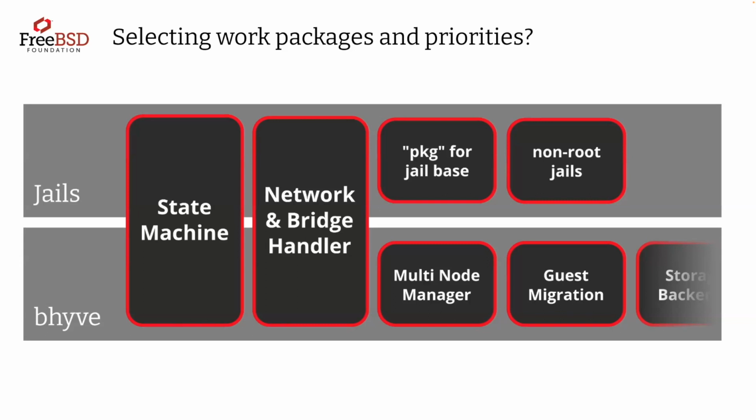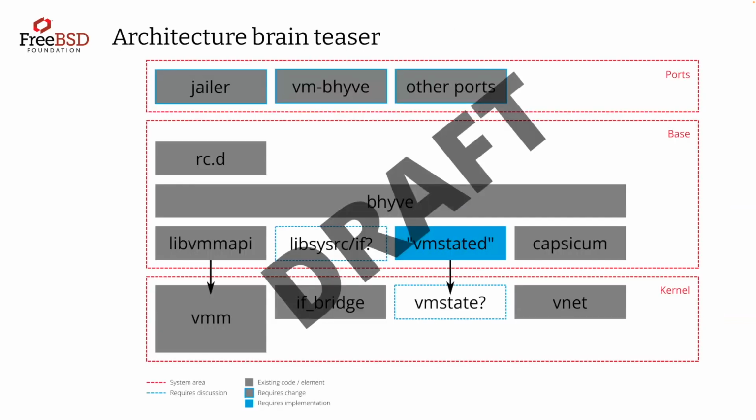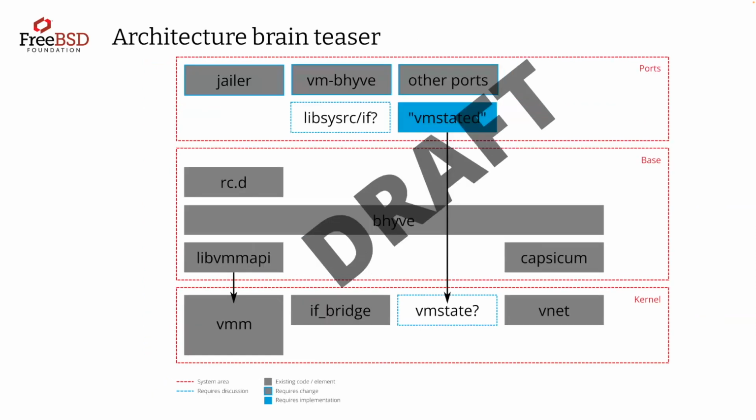Nonetheless, there are still technical questions on the next slide and the next slide after that. I tried to indicate that it's going to be a question of the architecture. Where do we start? I think it's probably better not to attempt to build that into base immediately.